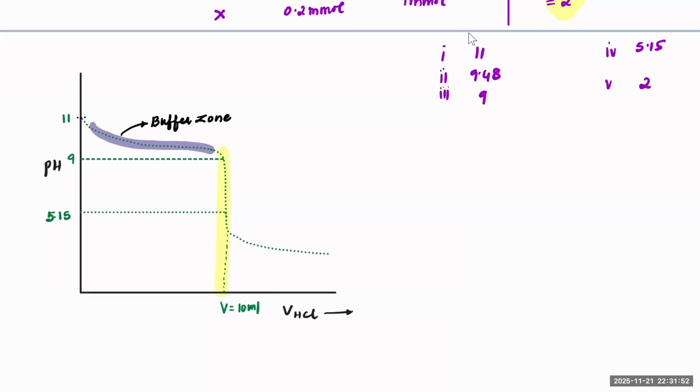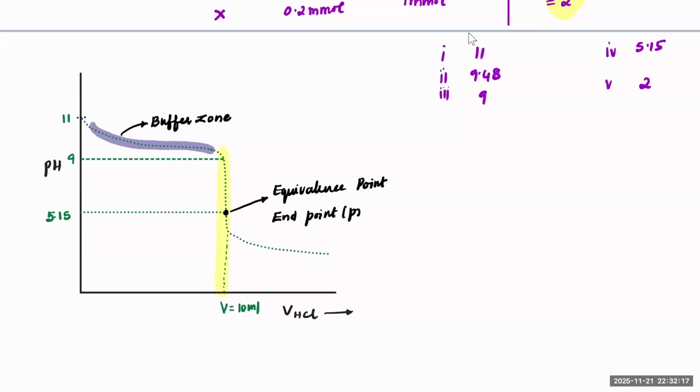This entire thing will remain as buffer. Okay, and this is the equivalence point. Equivalence point is also called the end point.